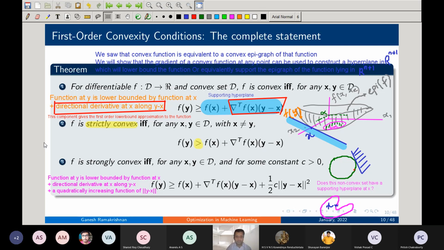This property is used very extensively for convergence of algorithms, especially because this directly involves the gradient, built around gradient descent or stochastic gradient descent.